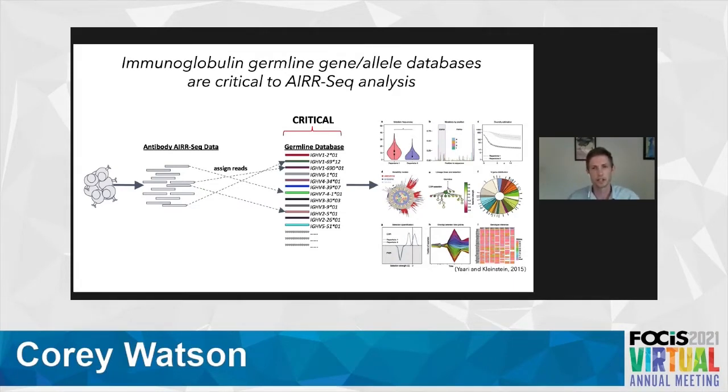Germline databases are essentially catalogs of genes and alleles, which I'll get into in more detail momentarily, in which we can take AIRR-seq reads and find assignments to genes and alleles in a given species or sample. Once we've done that, we can then go on and do many of the things shown here on the right-hand side of the plot, where we get to learn about features and signatures of the repertoire that may or may not be important in disease or other clinical phenotypes.